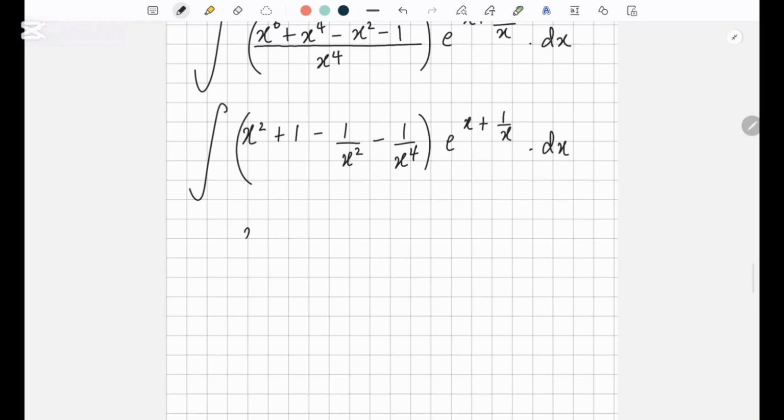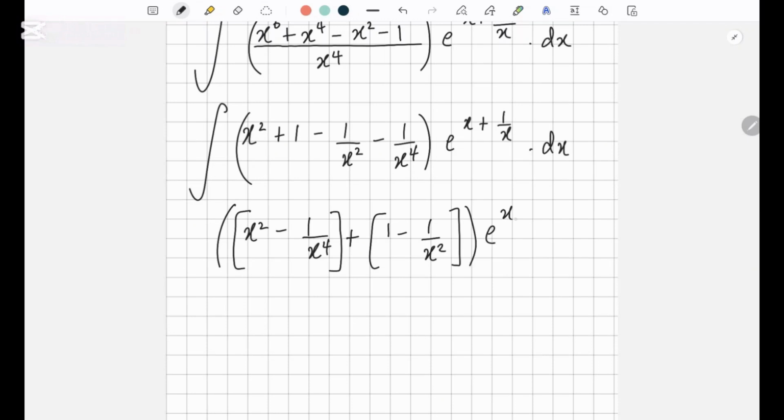Now I'm going to write x squared minus 1 over x to the power 4 together, and 1 minus 1 over x squared together. These two, I can write separately and multiply each of them by e to the power x plus 1 over x dot dx, right?